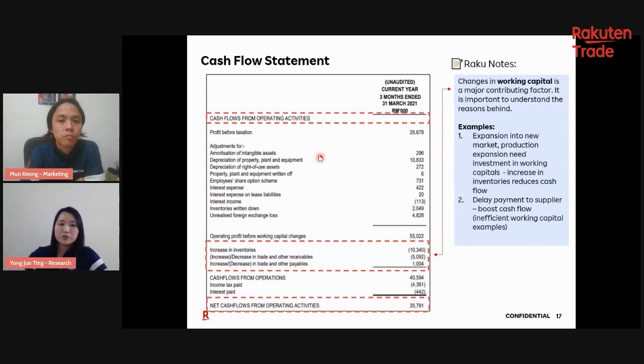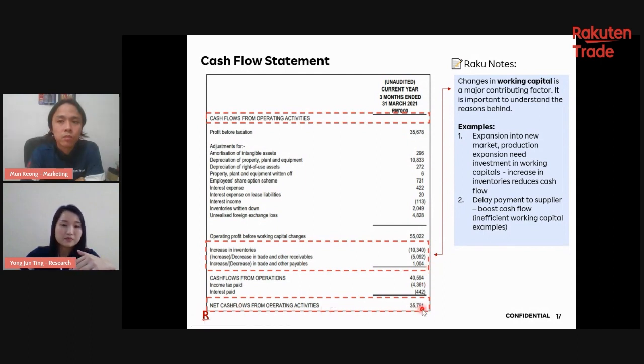So we start. This is the first page of cash flow statement. Yeah, cash flow from operating activities. So I use the profit before tax and then do some accounting adjustment. Then what's important is here, the working capitals, minus all the changes in the working capitals, then come to your operating cash flow.